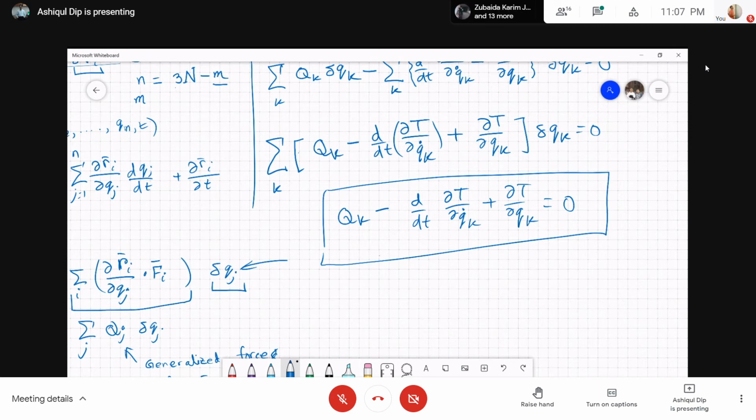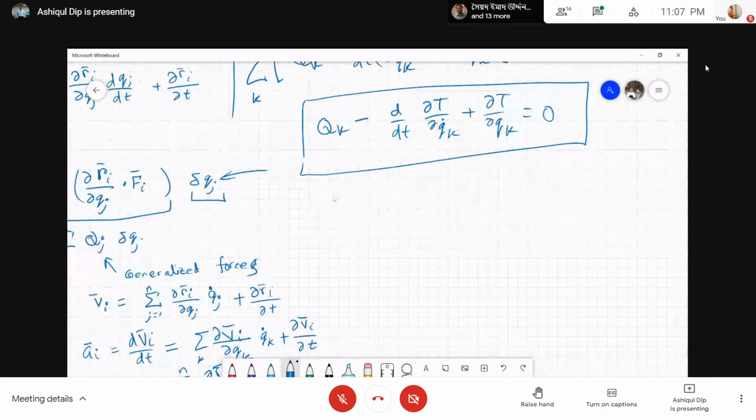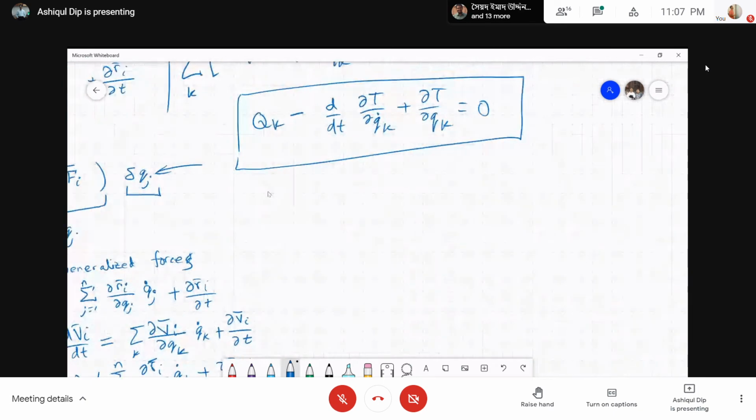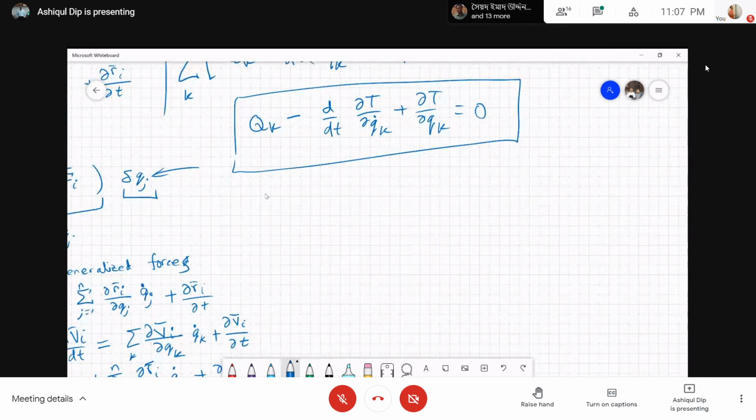So can we simplify it a little bit further? The answer is yes. If we have a system for which the force is derivable from a potential, that means force F_i can be written as the gradient of V with respect to r_i.